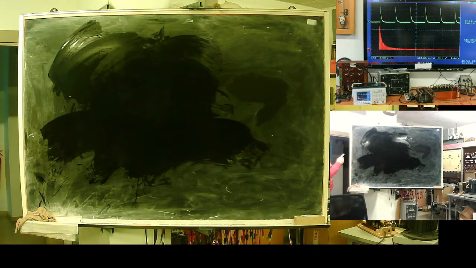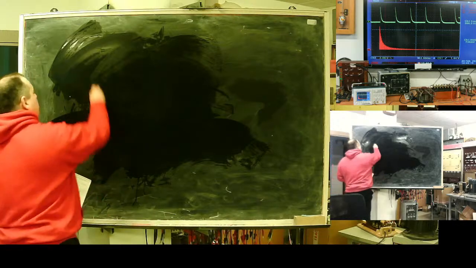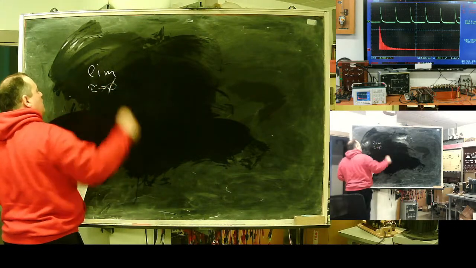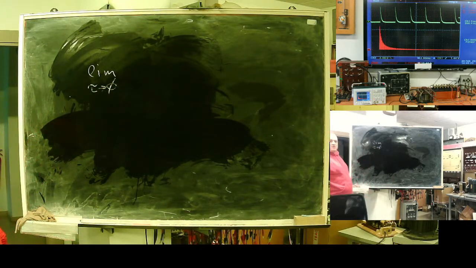I started to speak about the ultimate limit of fastness. The fastest thing possible will appear if I analyze the limit when tau goes to 0.